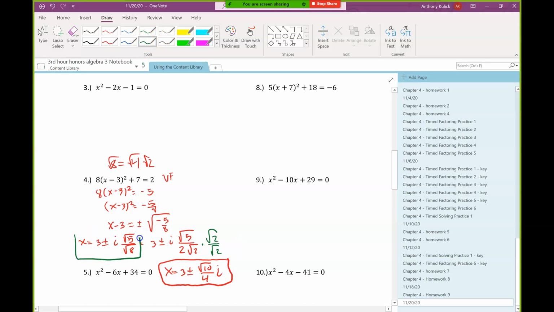Although even on the test or quiz or whatever, I would accept this without the radicals being simplified. Although if you did try to simplify the radicals, I would expect that that part is done correctly. But if you had stopped at that point on a test or quiz, I would be okay with that still. We haven't really talked about how to simplify radicals in great detail.